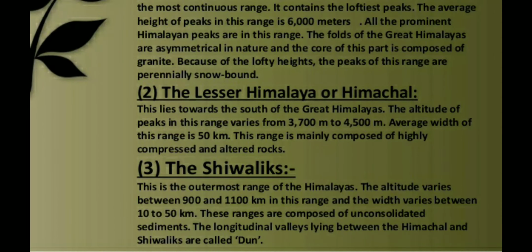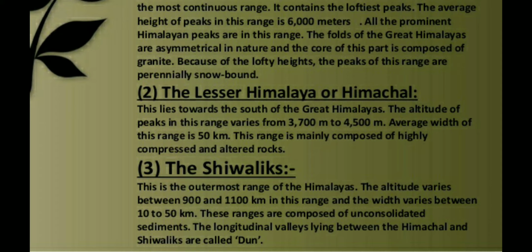These ranges are composed of consolidated sediments. The longitudinal valleys lying between the Himachal and the Shivaliks are called Duns, like Dehradun. Have you heard the name? Yes, Patli Dun. We'll come to know about the Duns.